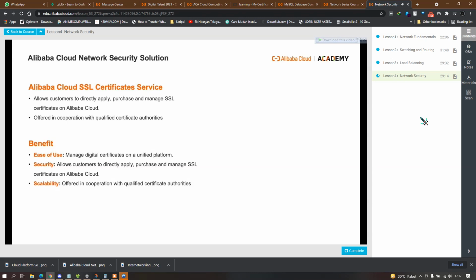Not only one vendor: you can apply from multiple vendors, all of them qualified, and you can apply for your certificate from different qualified vendors. So these are the advantages of the Alibaba Cloud SSL certificate service.